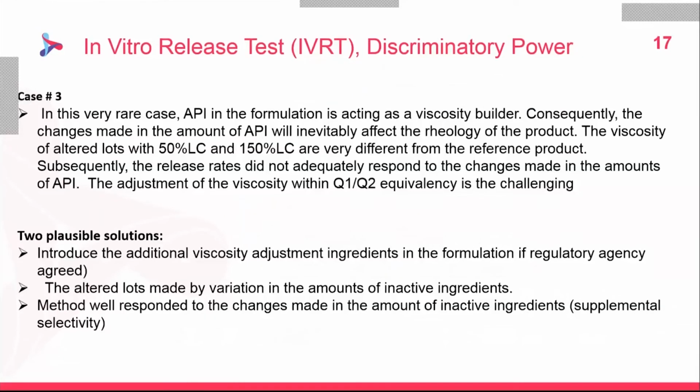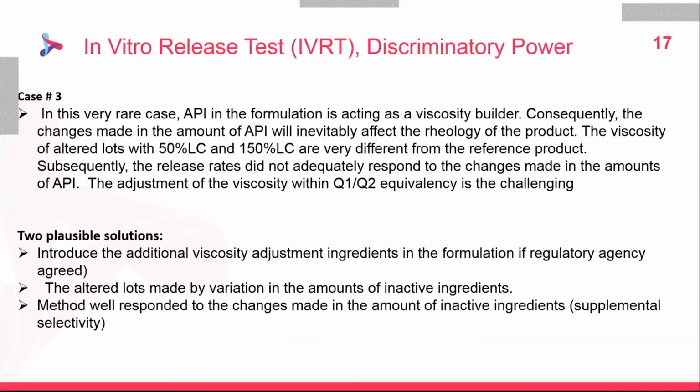Case number 3, a very rare case, is where the API in a formulation acts as a viscosity builder. Consequently, changes made in the amount of API will inevitably affect the rheology of the product. The viscosity of altered lots with 50% and 150% label claim is very different from the reference product.